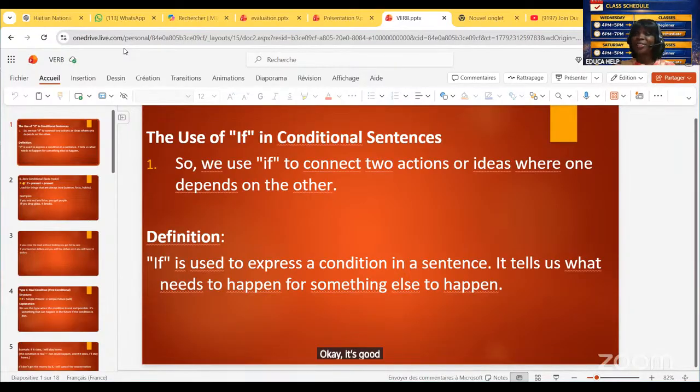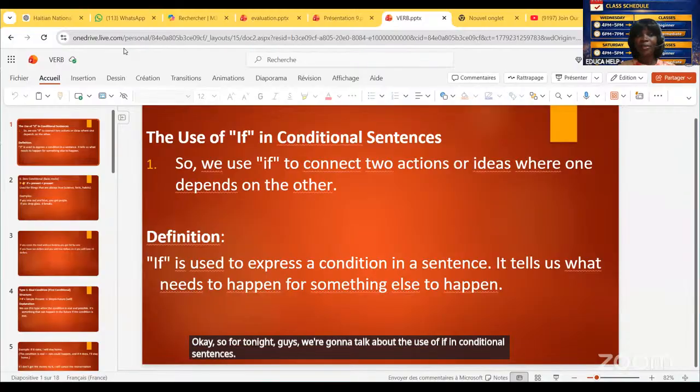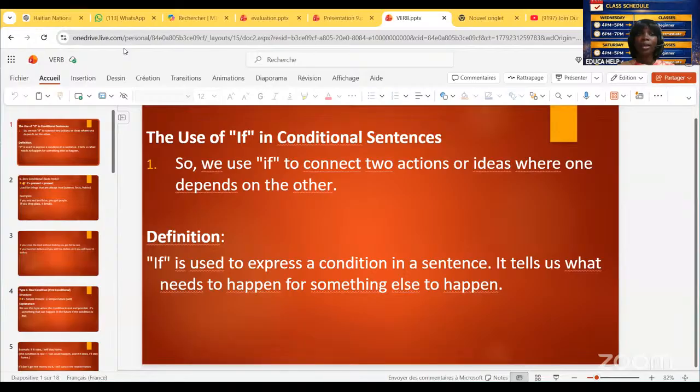Okay, so for tonight, guys, we're going to talk about the use of if in conditional sentences. Before we start, can someone tell me the meaning of if in French?